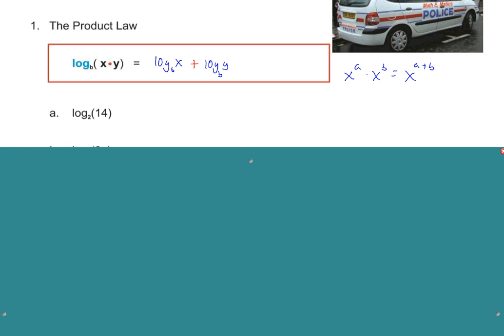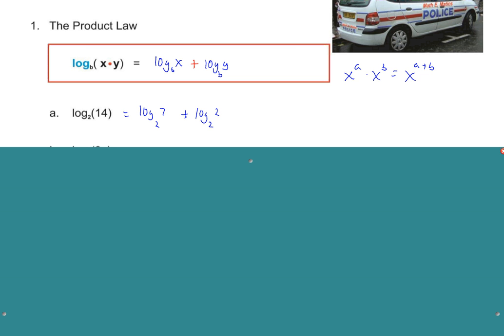So, for example, if you had log of 14 in base 2, then you could obviously split this thing up. By the way, log of 1 is real boring, so we don't usually use ones. But hopefully you agree that we could make this log of 7 in base 2 plus the log of 2 in base 2.